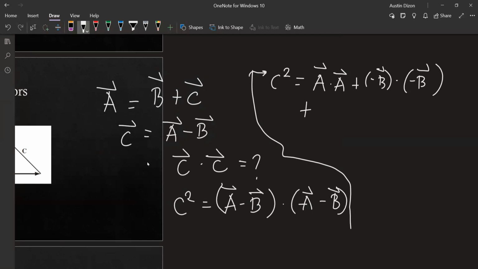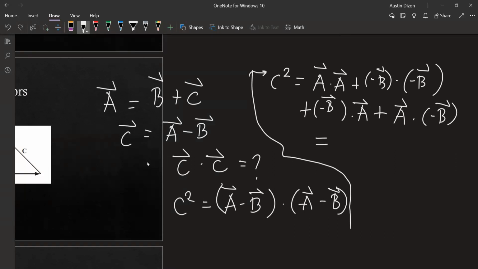So, plus negative B dotted with A. Then, isa pang term, lastly, that is A dotted with minus B. Klaro yun, di ba?